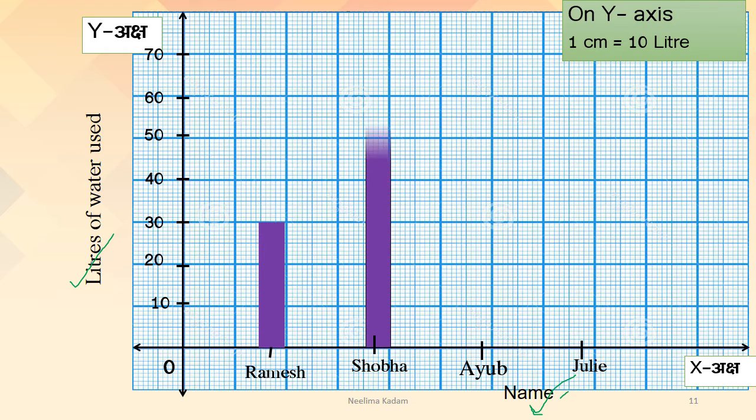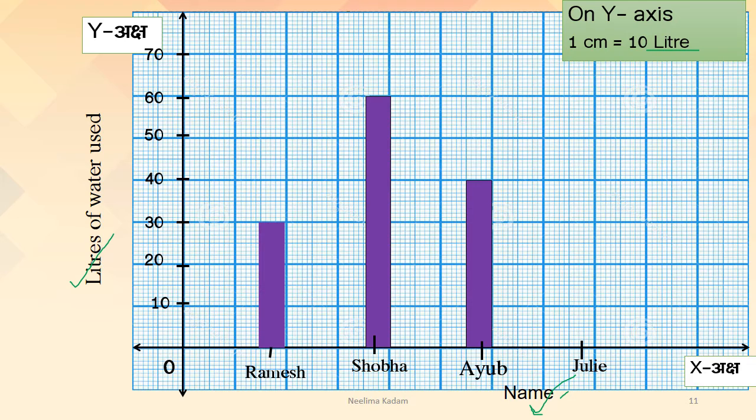So this is a bar of 6 centimeters. Next, Ayub is consuming 40 liters. So we have to draw how many? 1, 2, 3, 4 centimeters, that is 40 liters.